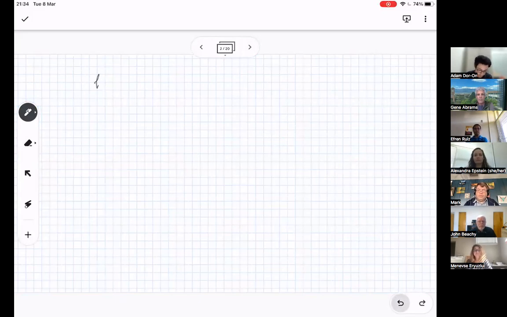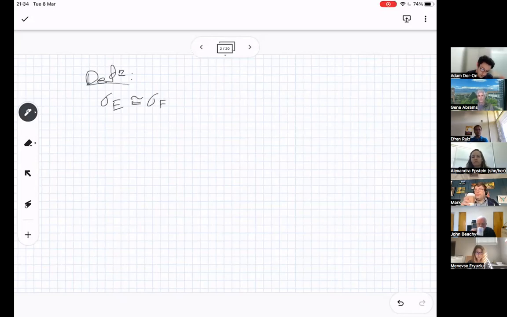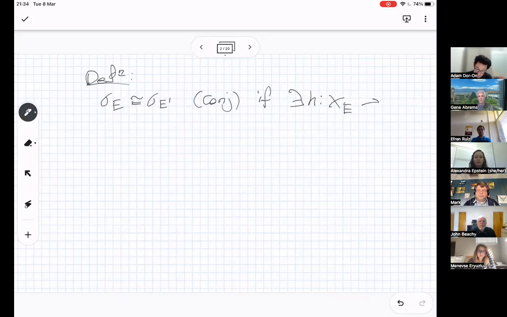So, definition: we say that two subshifts of finite type for two graphs, let's say G and G prime with edge sets E and E prime, are conjugate if there exists a homeomorphism of the space that intertwines the so-called action on the space, right?